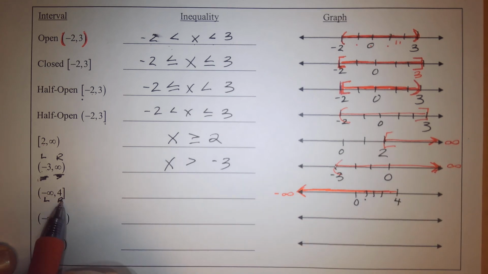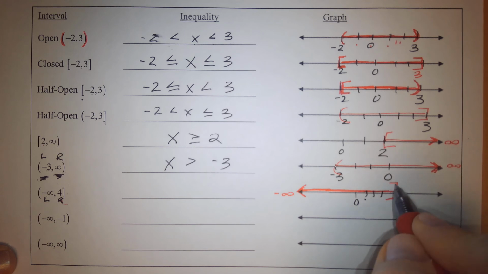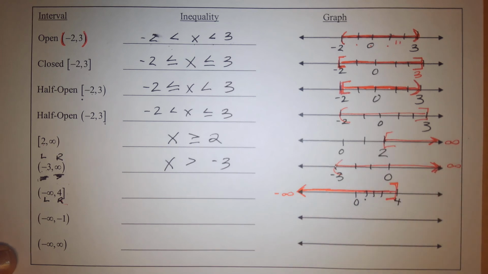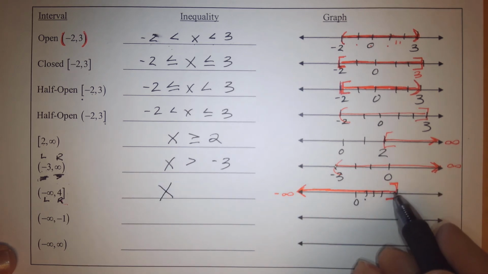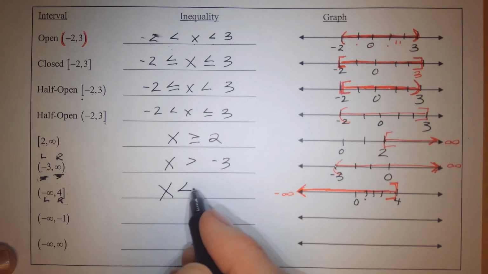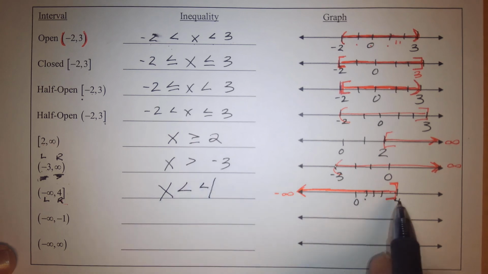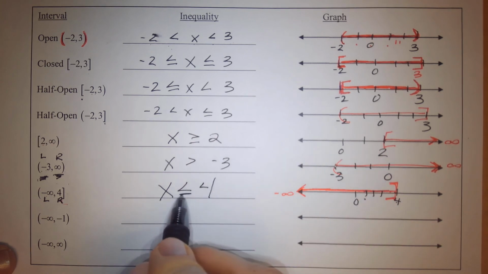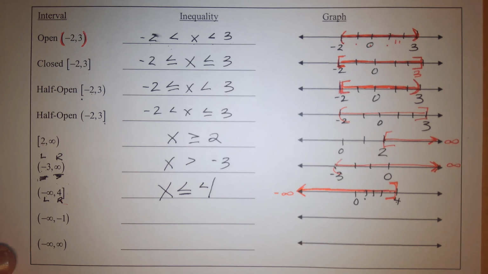And that stops. We will also include 4. To write the inequality, we simply say x is, in this case, less than 4. We will include 4, so we will underscore the inequality sign.